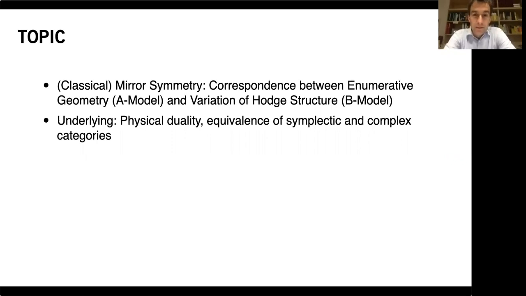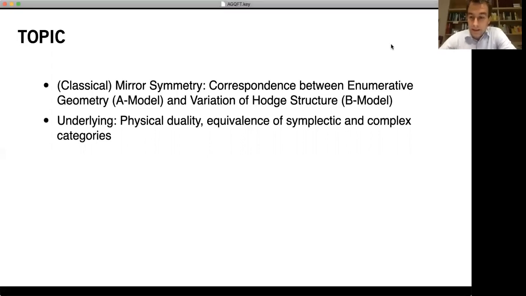And mathematically, there is some equivalence of categories on the symplectic side, the A model, and the complex side, the B model.